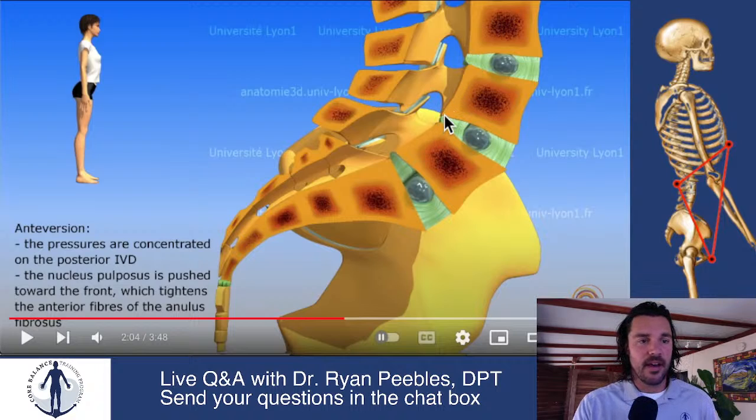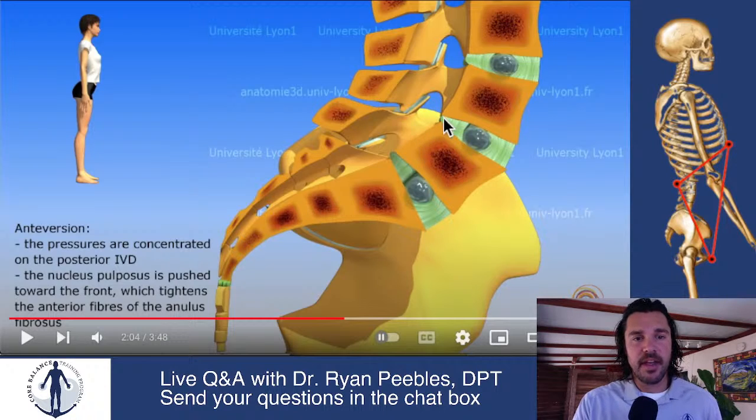And I do animate this in the master class where these can actually touch each other, and that causes problems because there are nerves and blood vessels that come out of the spine, out of the spinal cord, and into the legs.